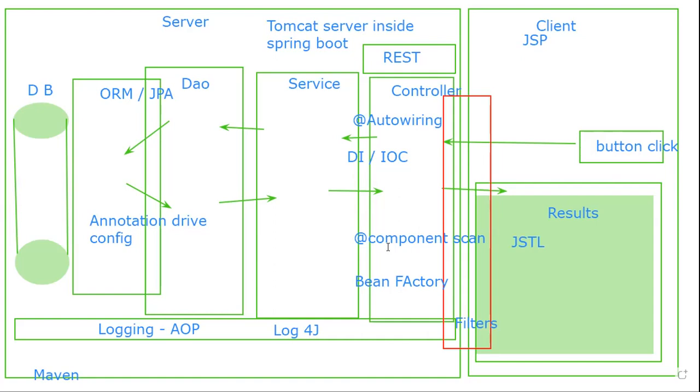The regular functionalities can be weaved together so that we need not repeat them again and again. And in the entire process, we don't have a Tomcat server because it is embedded inside Spring Boot, and once we start Spring Boot it automatically starts Tomcat. So that is what we saw.